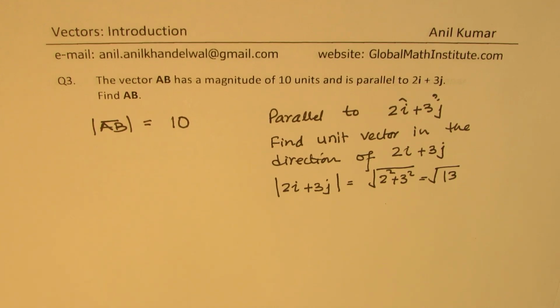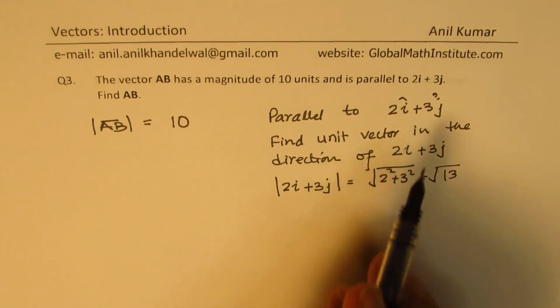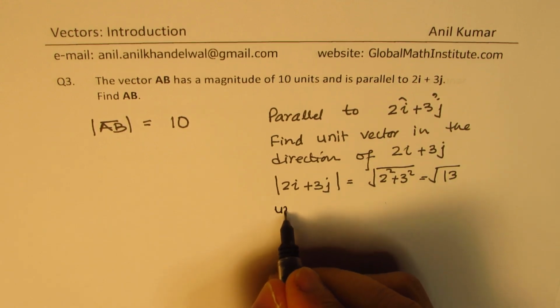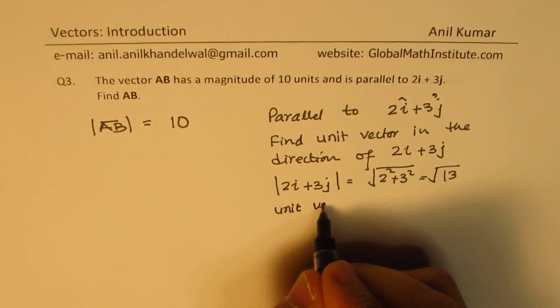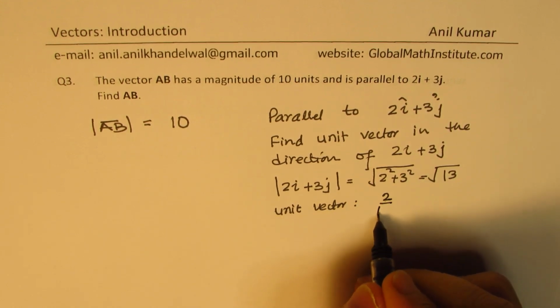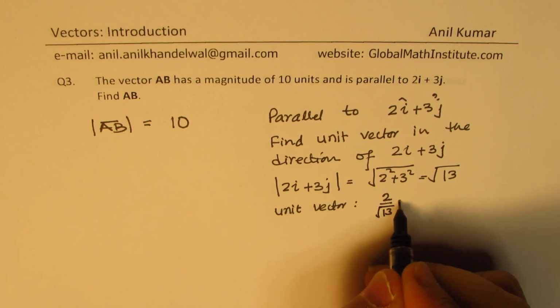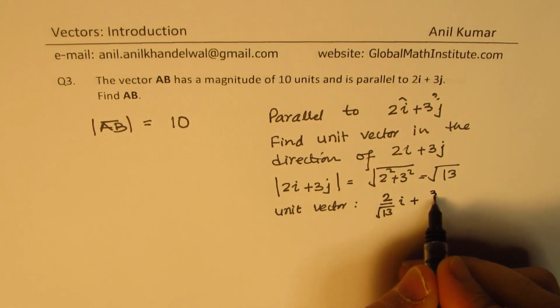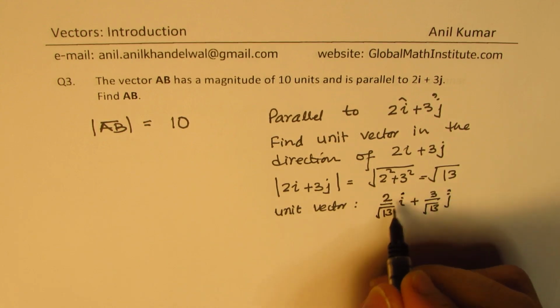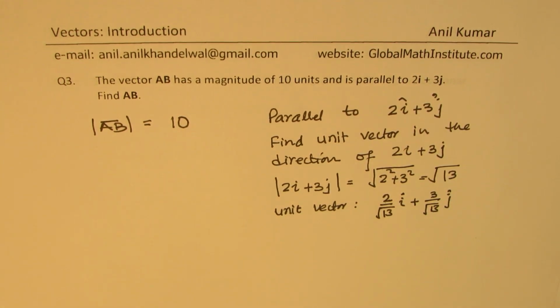So we get the magnitude of the vector, and therefore the unit vector will be 2 over square root of 13 i plus 3 over square root of 13 j. So that becomes the unit vector.